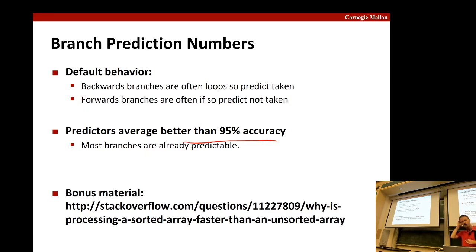Well, so this gives you a clue. The default that will be assumed before the processor has any history of this branch is that when you have an if, you predict that you don't take it, that you actually fall through, right?